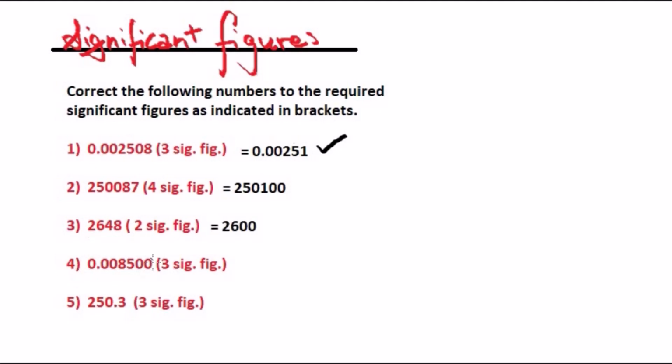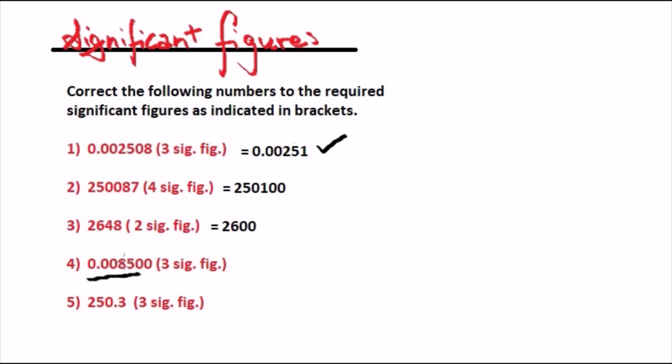Okay, number 4, are these zeros significant? Yes, because they are trailing zeros and they are to the right of a decimal point, so they are significant. So in fact, this number has 4 significant figures, but we only want 3, so therefore we'll only write up to this 0. So we're going to start from the beginning, however, because we need the placeholders to maintain the place values of the digits. For example, this 8 is in the 1000th place because this is 10, 100th, 1000th.